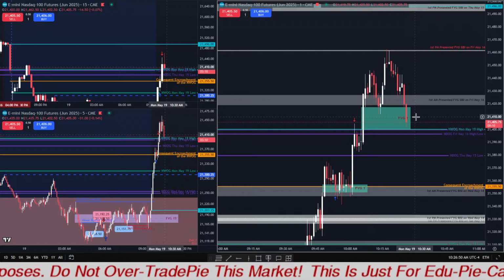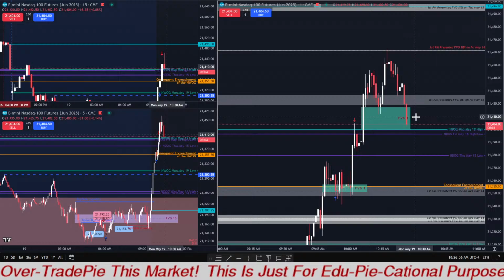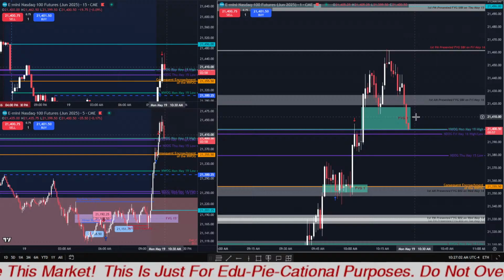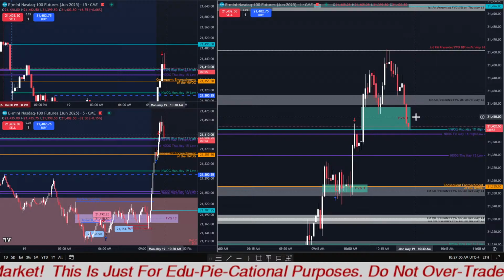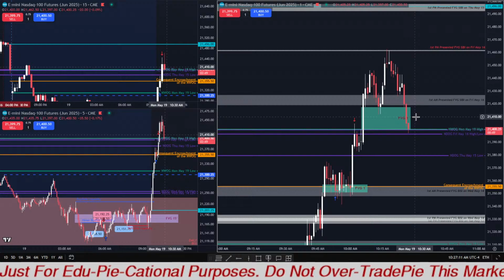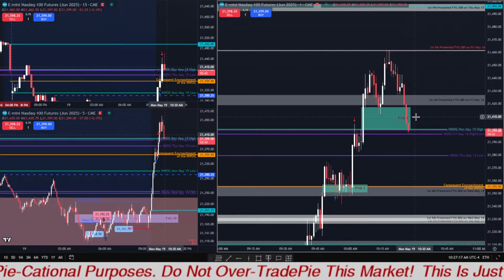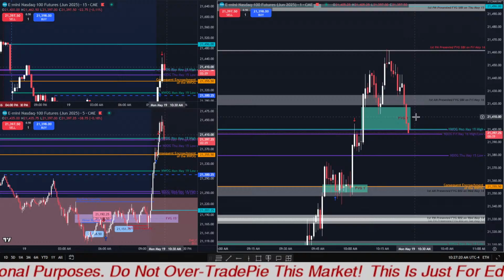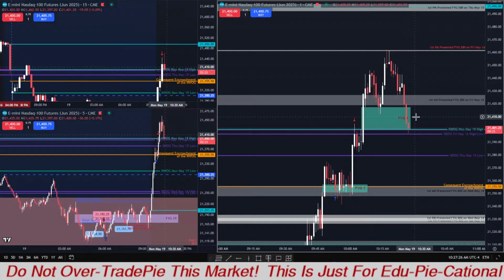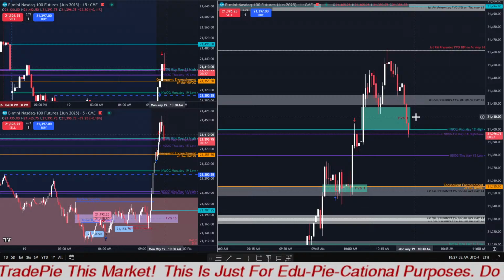In case we close below this fair value gap. Once again trading to the high of the new week opening gap.